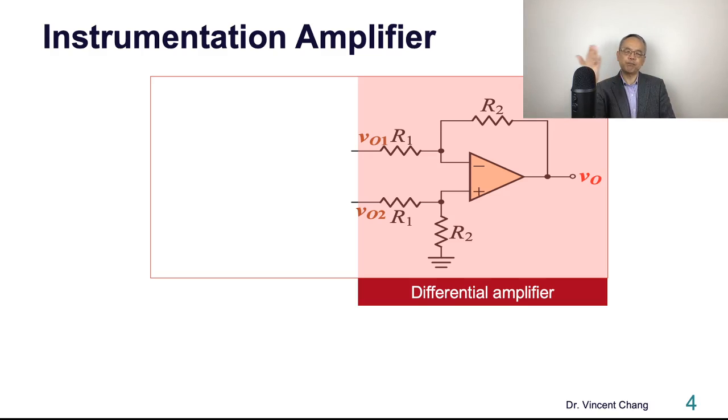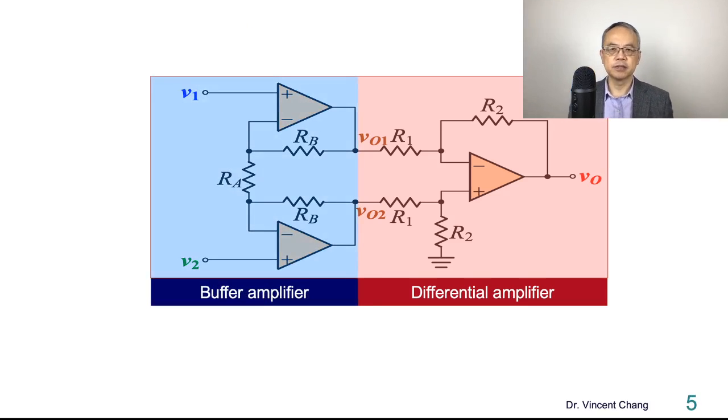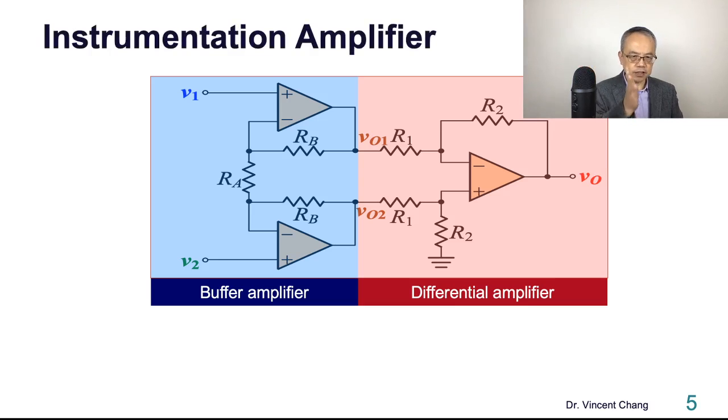But you add the preamplifier, the buffer stage, which is composed of the two operational amplifiers and the three resistors. This is the whole structure, the whole diagram of the instrumentation amplifier. So it's a two-stage amplifier. The first stage is the buffer. The second stage is the differential.